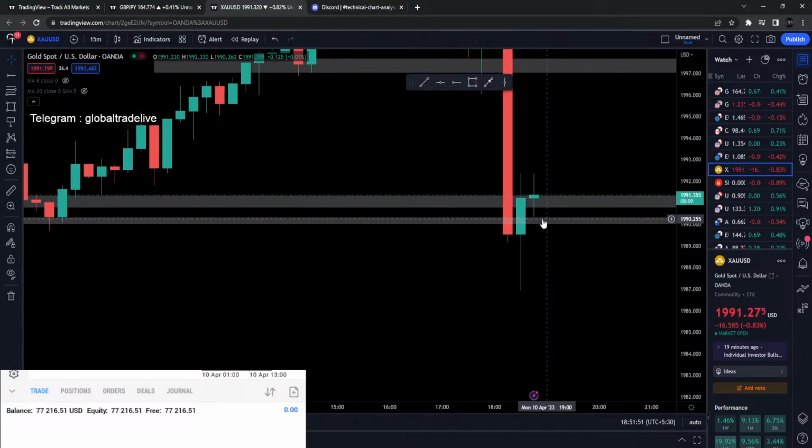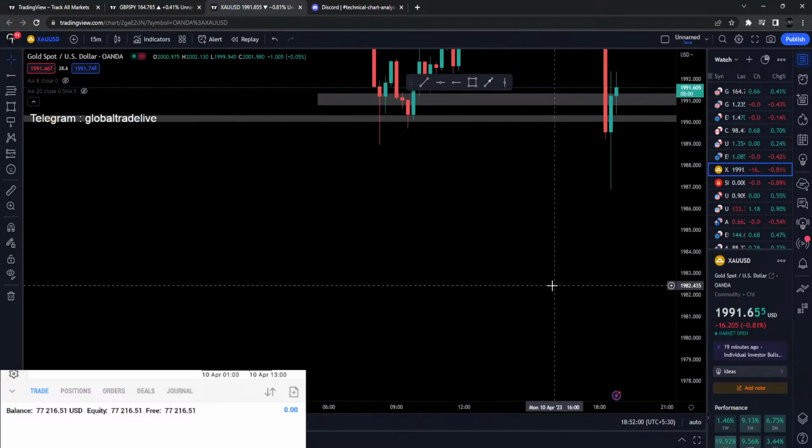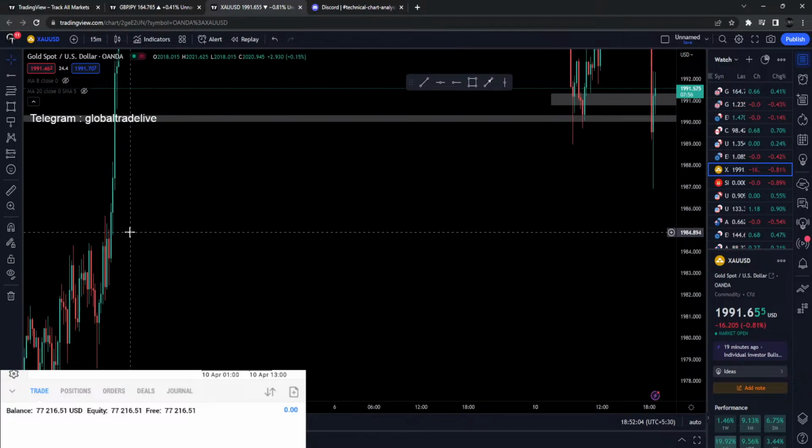Because that can be a nice one for this candle to go down, fill this wick, and finally complete this range over here.